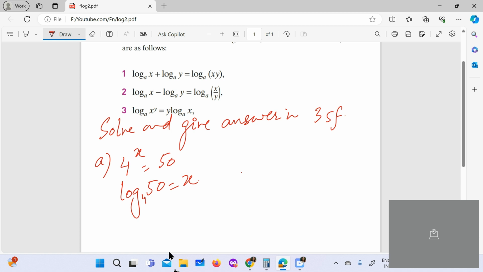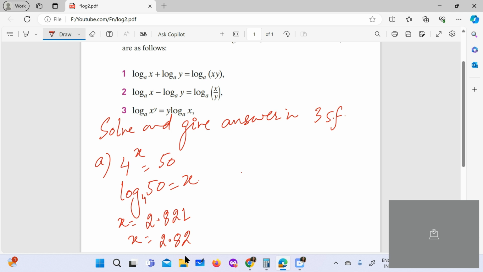So use your calculator and give me the value of this log base 4 of 50. 2.821. But here it says that the answer has to be in three significant figures. So my answer will reduce to 2.82. Is this clear?